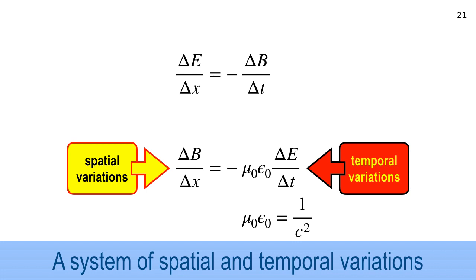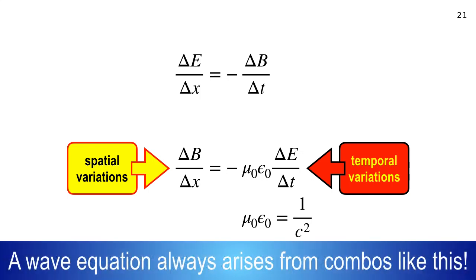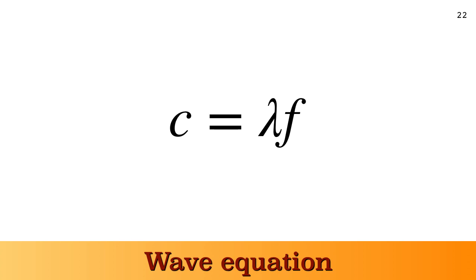If you see some spatial and temporal variation in two coupled equations like that, bam, you always have a wave equation that comes out of that. So, that's a whole lot of space-time trigonometry in those two things. That's all right. The wave equation that comes out of it is extremely simple. C equals lambda F. There it is. That is the electromagnetic wave equation.